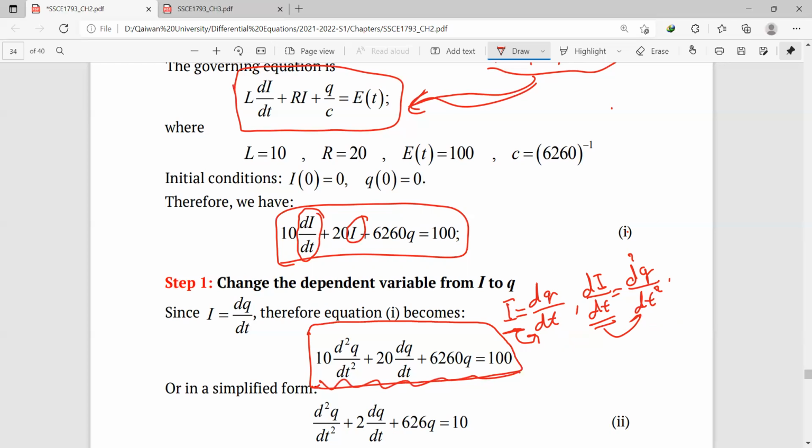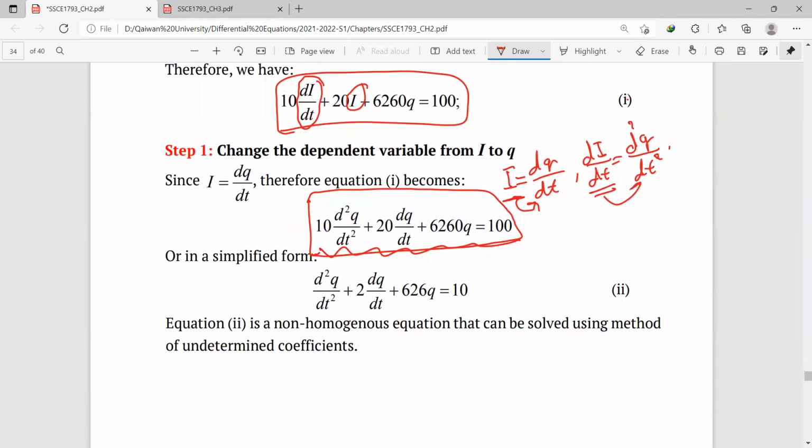As you see, you have only q in it, and q is the dependent variable. Now we can solve this differential equation as a second order non-homogeneous differential equation. Let's solve this.